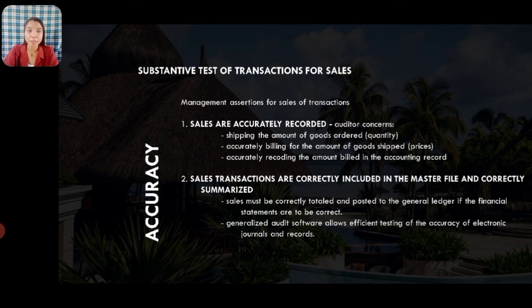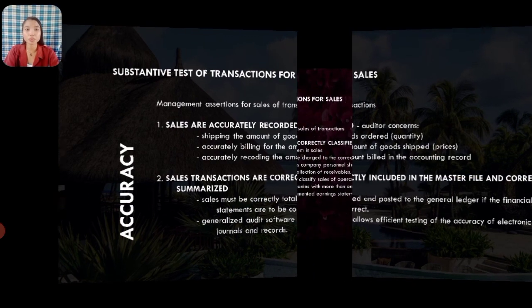At present, most companies are using software to automatically or electronically record the transactions. And as we have noticed, those electronic software help the company reduce the risk of recording those transactions incorrectly.